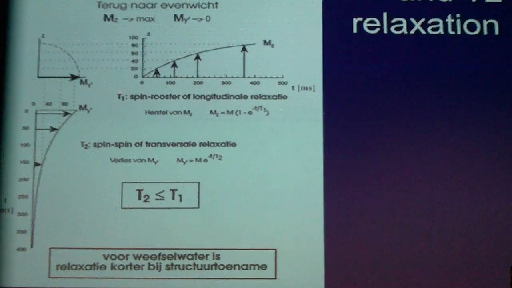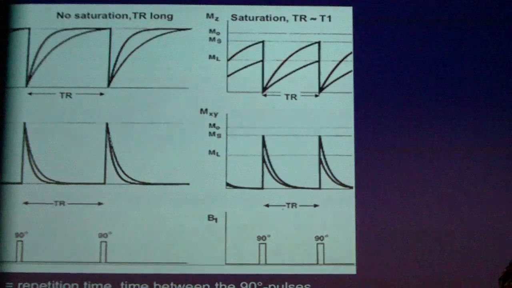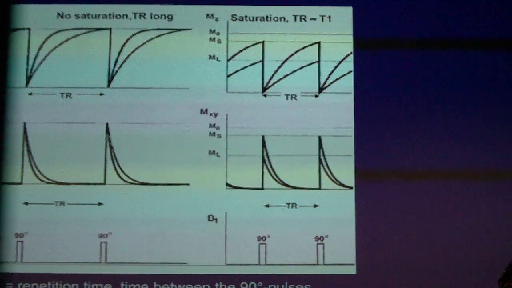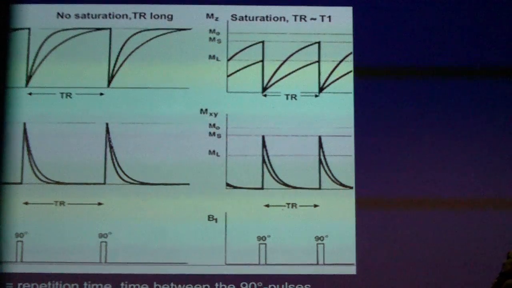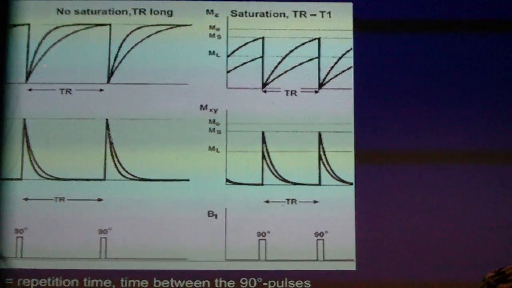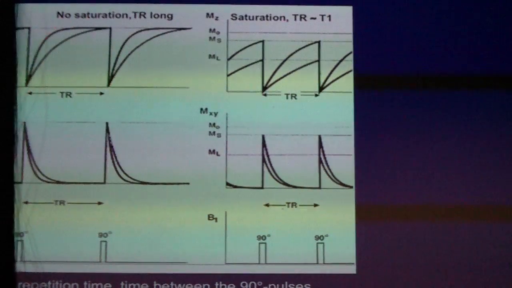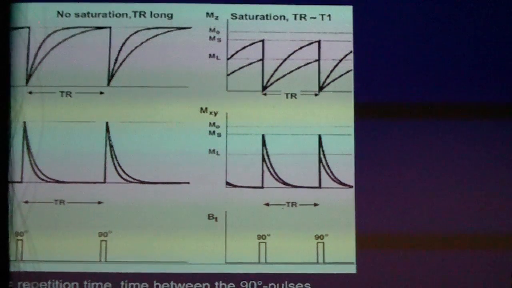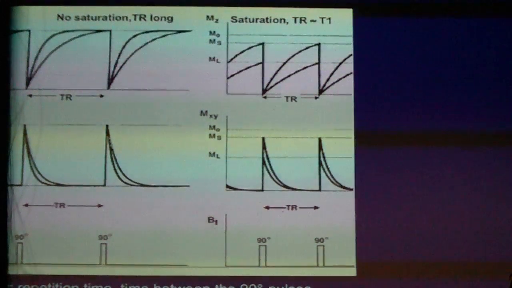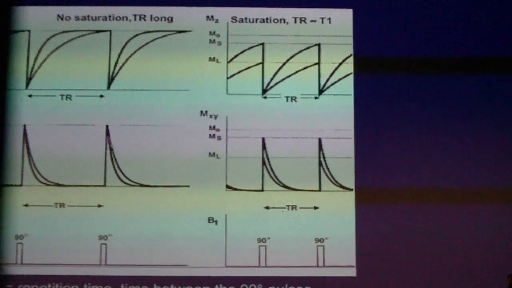Okay, so if you now have differences in the T1 relaxation, for example, in the fluid, with CSF having a slow relaxation and fat having a fast relaxation, you can see here what is happening in the Z direction, so the direction of the main magnetic field.